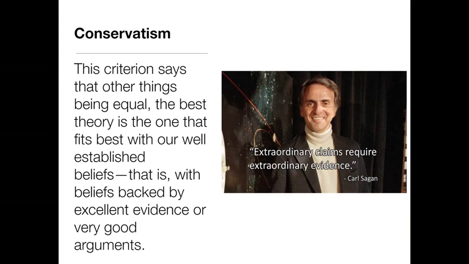I think Sagan is right. If I'm going to claim that we're in an episode of Rick and Morty, I need to provide some extraordinary evidence to back up that claim. Whereas postulating that the car battery is dead requires a lot less evidence. I mean, it still requires evidence, but if I'm going to make some extraordinary claims, I better back it up with extraordinary evidence. And I think Vaughan is right, and others are right, to include this in any discussion of scientific theories or even conspiracy theories.